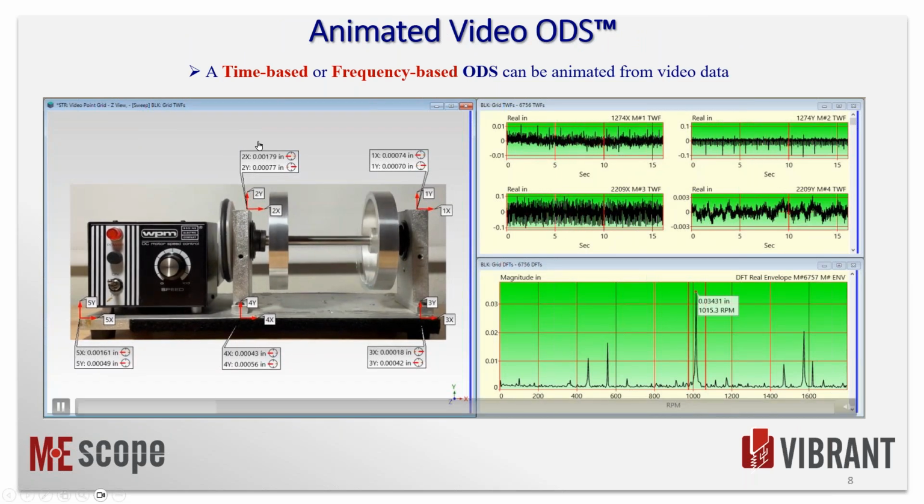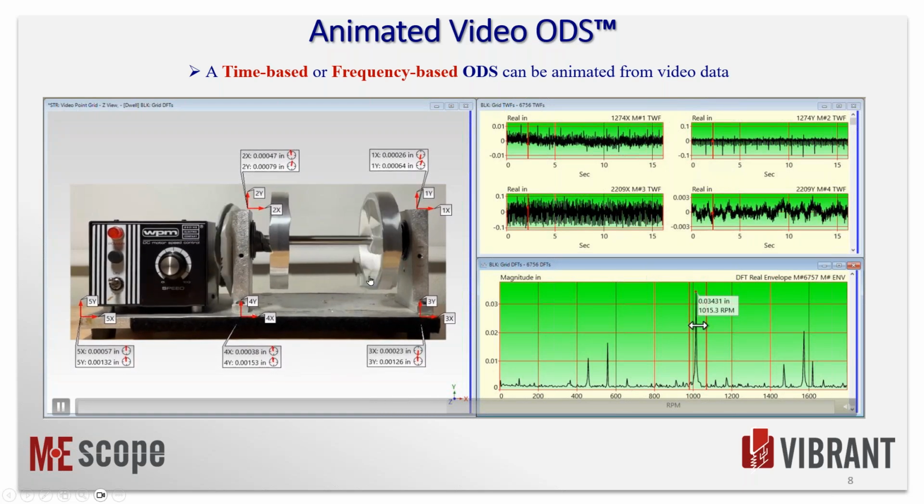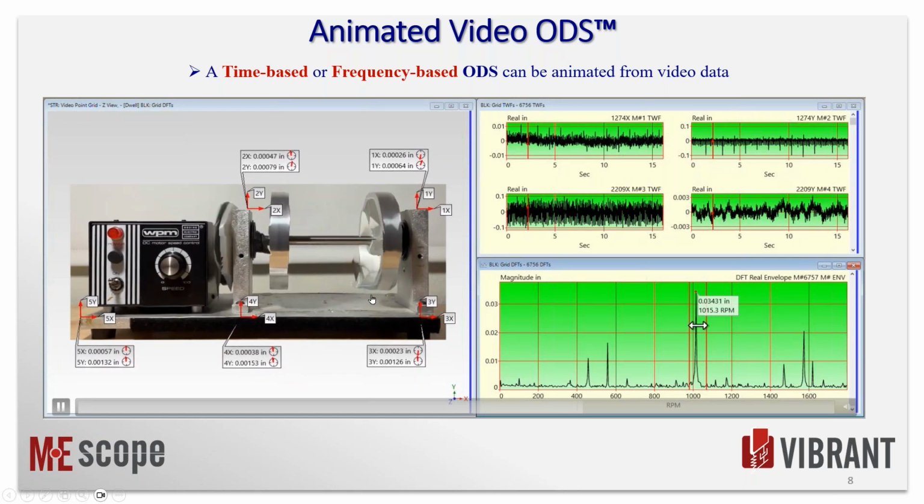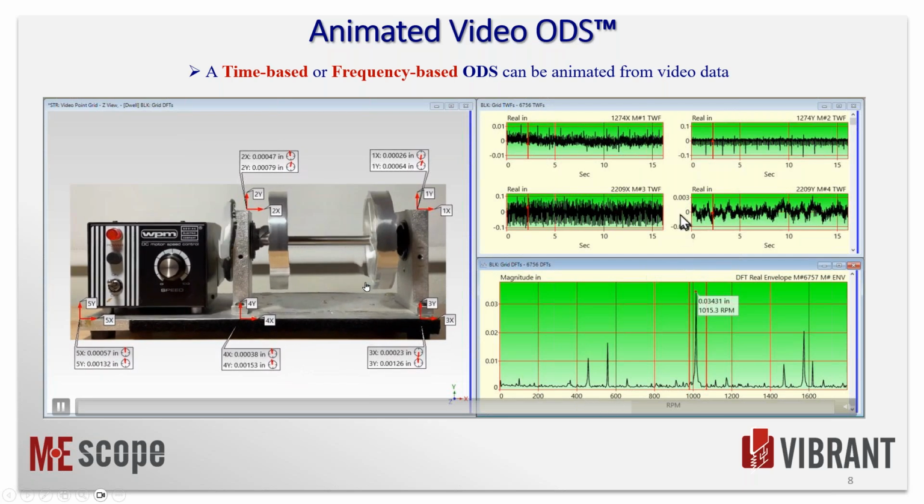And in MEscope, we talk about an ODS. So when we're animating up here, it's the same animation we were looking at before. Crank up the amplitude, you can see that the machine is just rocking on the tabletop due to the unbalance on this outer rotor here. Now we could have had unbalanced screws on the inner, but I don't see any evidence here. I certainly see some evidence of a rotor on the outside.